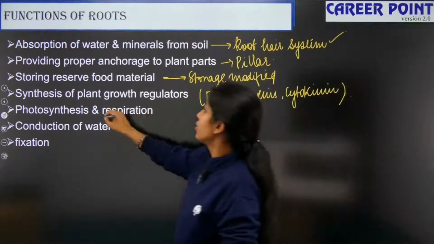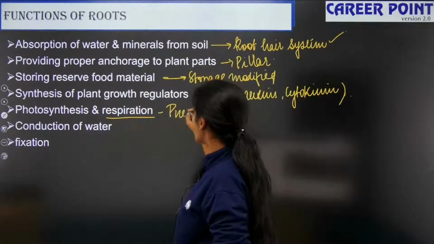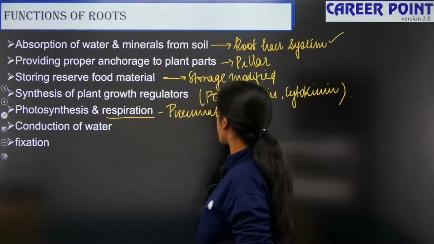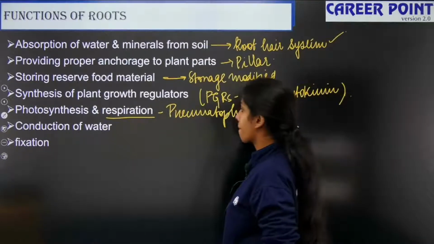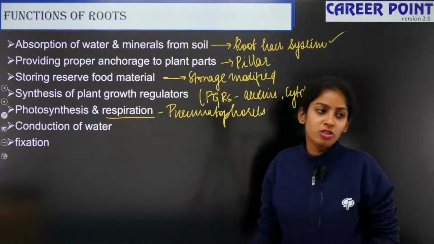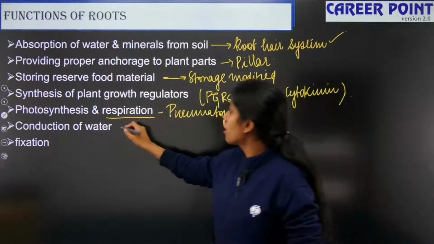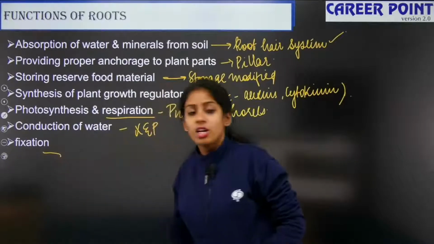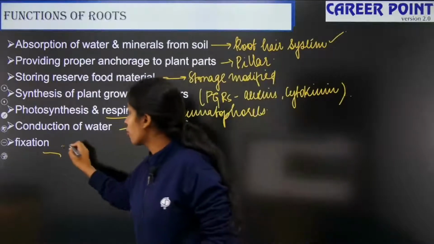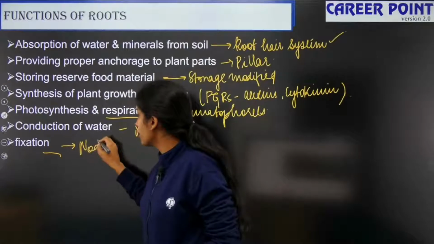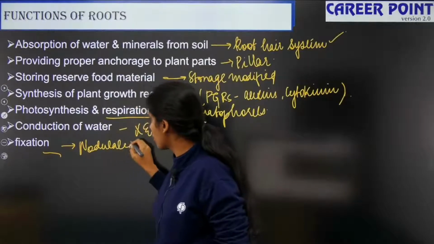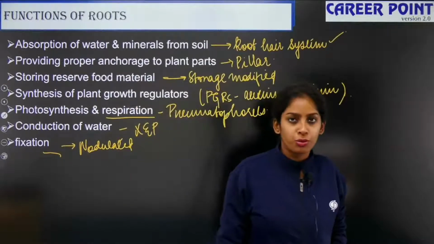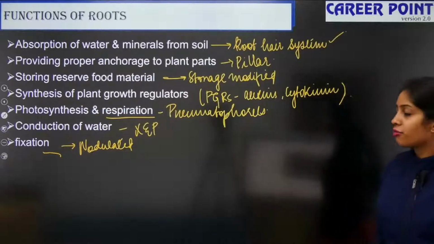Respiration is in the case of nematophores. Then conduction of water is also done by the root because it has xylem and phloem. Then nitrogen fixation, in the case of nodulated roots. And finally roots also help in reproduction, in the case of sweet potato. So these are the functions of the root.